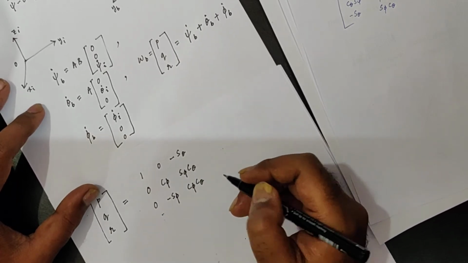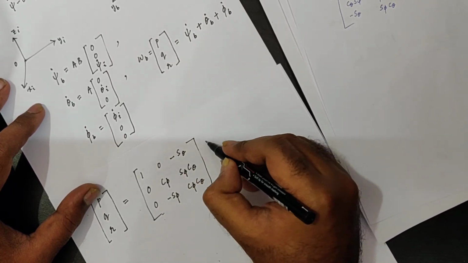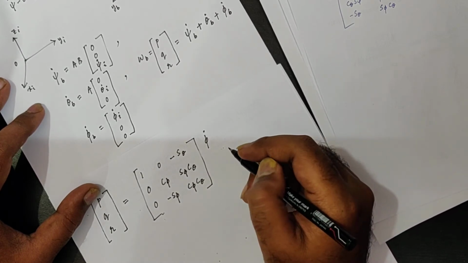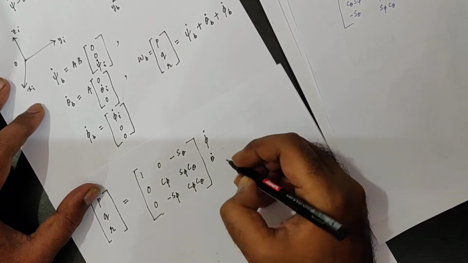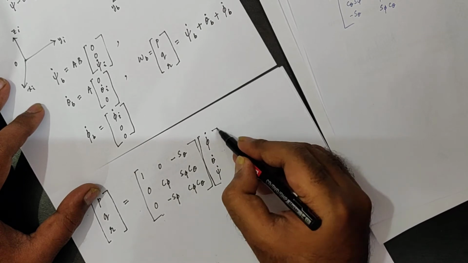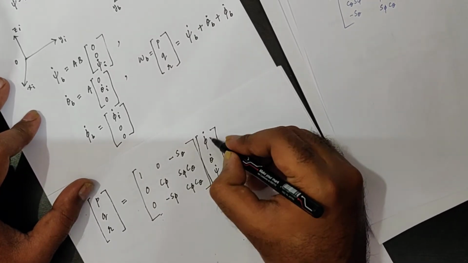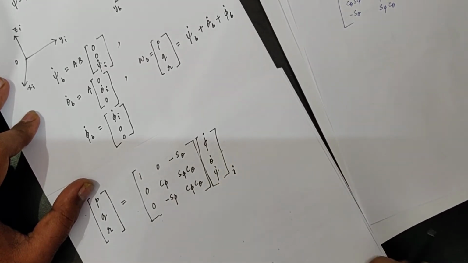Fine. On this side, this is phi dot, theta dot and psi dot, right? These are in the inertial frame.